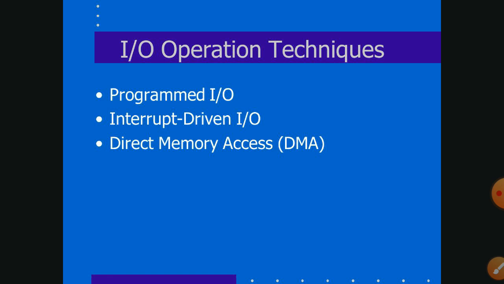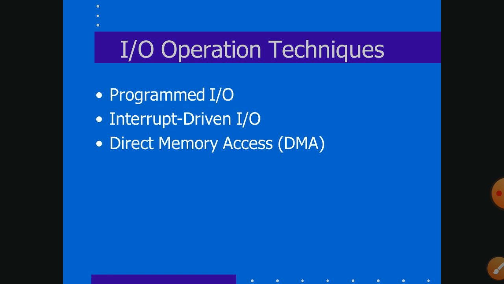To avoid that drawback, we go for the next method, interrupt driven IO. What is the interrupt driven IO method? The CPU can do its main program execution as usual.